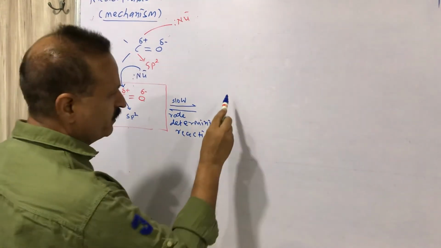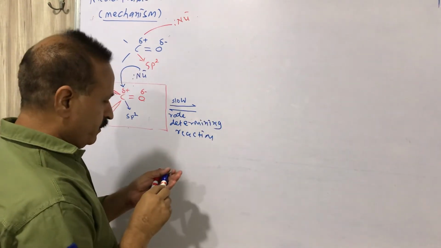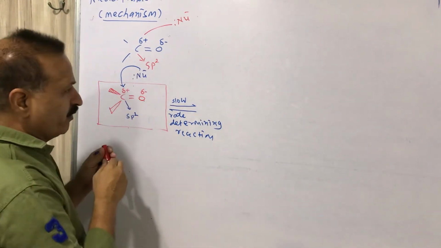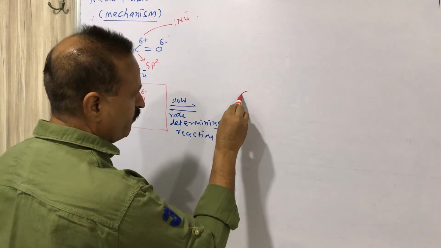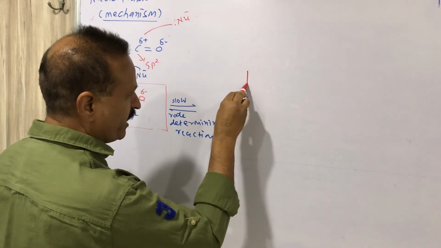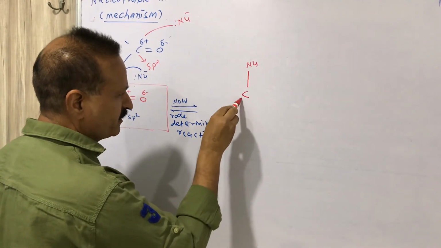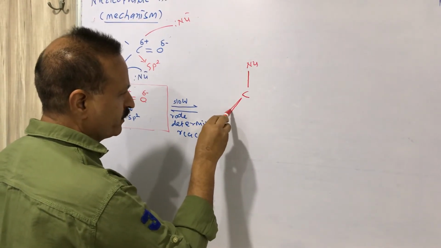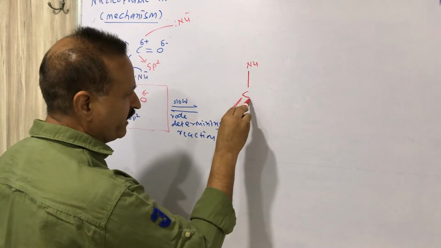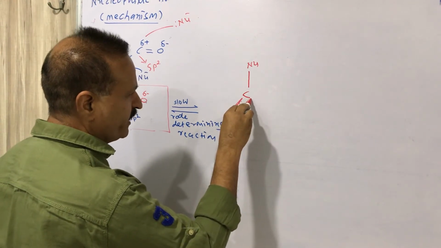Then we have a new bond between carbon and nucleophile. So a new bond forms between carbon and nucleophile, and now it is the tetrahedral shape of the alkoxide ion, and it is the intermediate.